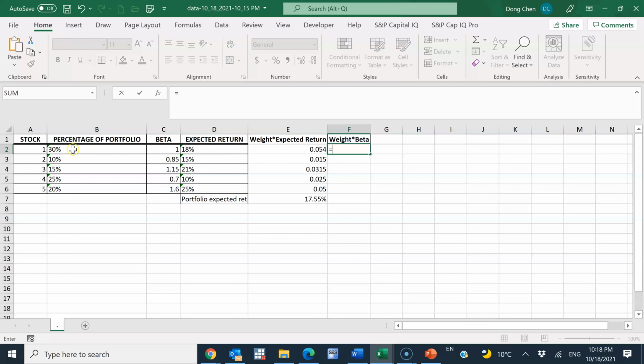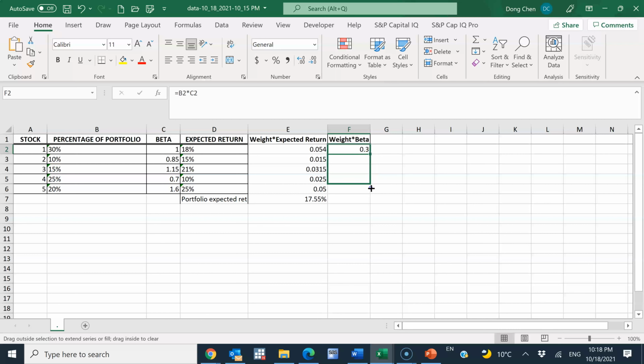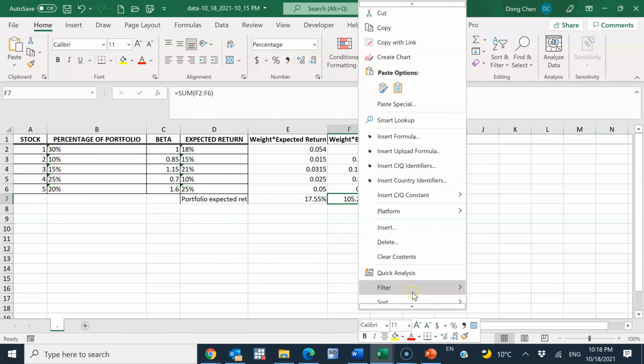So this will equal to the weight on stock 1 times the beta of stock 1. And now we can use the convenience of Excel to drag the cell to the other stocks. And then we can actually also drag this summation here to the other cell. And this is basically my beta.